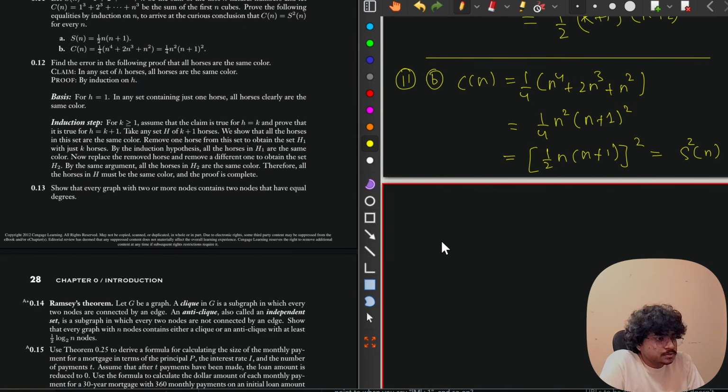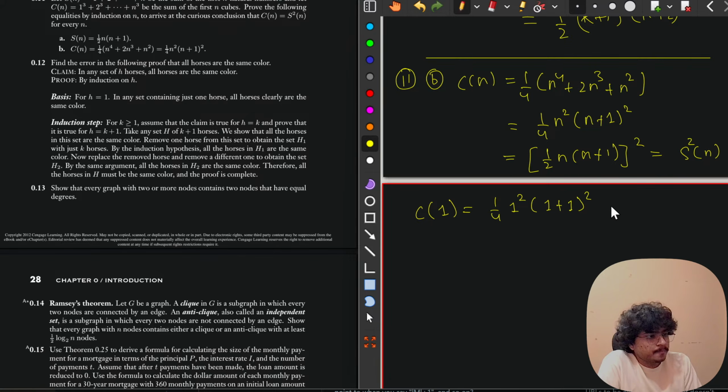Prove the basis C. It is eventually 1. C(1) equals to 1.